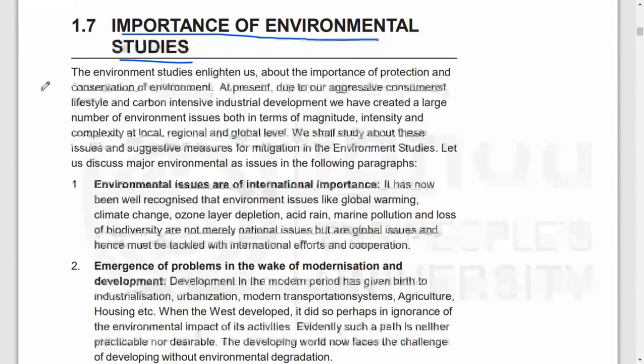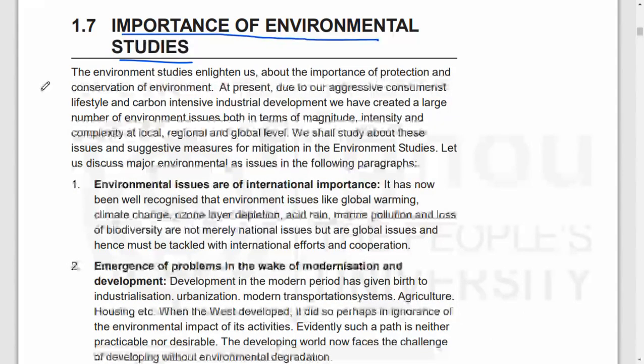At present, due to our aggressive consumerist lifestyle and carbon-intensive industrial development, we have created a large number of environmental issues, both in terms of magnitude, intensity, and complexity, at local, regional, and global level. We shall study about these issues and suggestive measures for mitigation in environmental studies. Let us discuss major environmental issues in the following paragraphs.